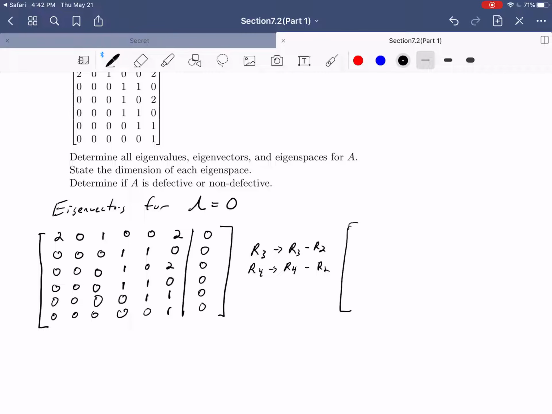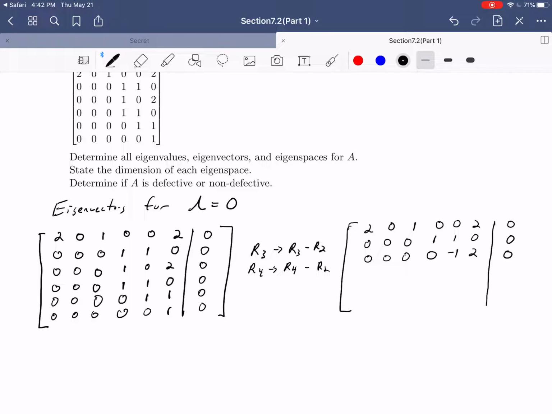So it looks like on top here we'd have 2, 0, 1, 0, 0, 2, and then 0. And then we'd have 0, 0, 0, 1, 1, 0, and 0. And then we have 0, 0, 0, and then 0. And then looks like minus 1 and 2 and 0.